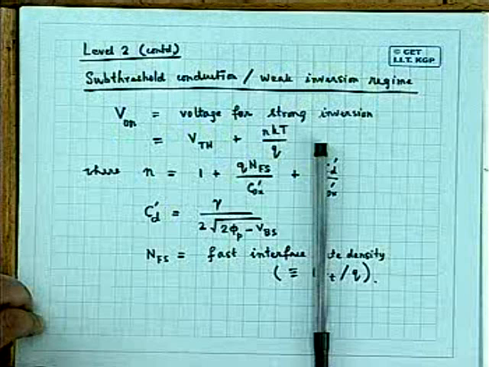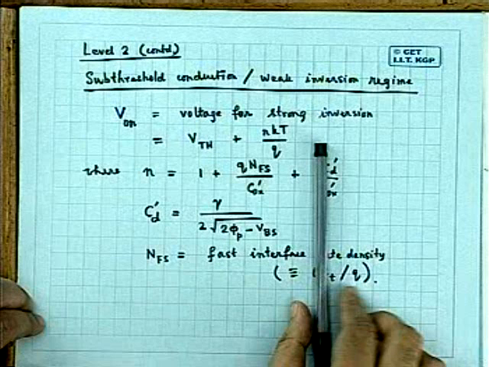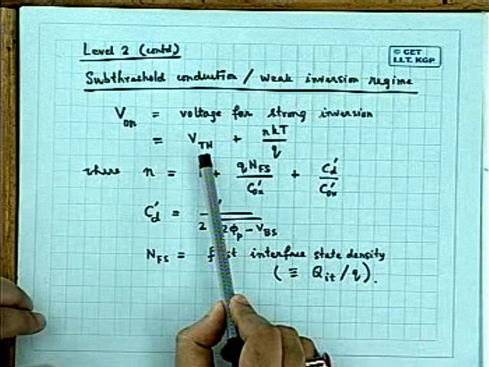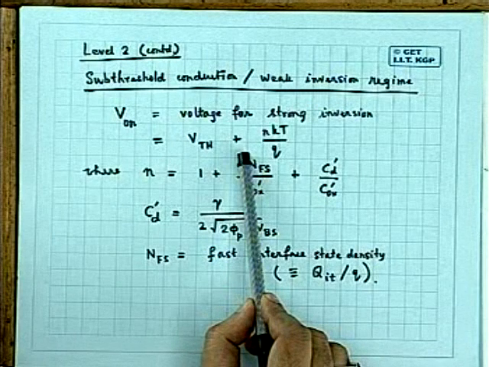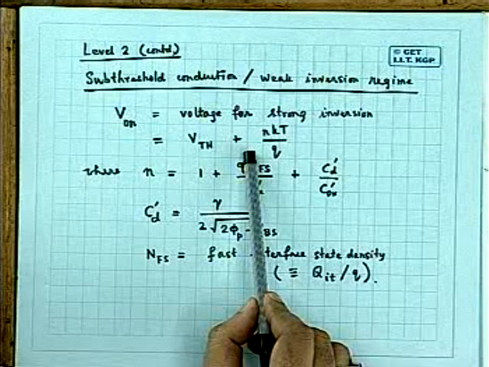Exactly at the threshold voltage of inversion, we get a number density of electrons at the surface which is the same as that in the bulk. When psi s is equal to twice phi f, n at the surface becomes equal to p at the bulk, for an NMOS, that means for a p-type substrate.